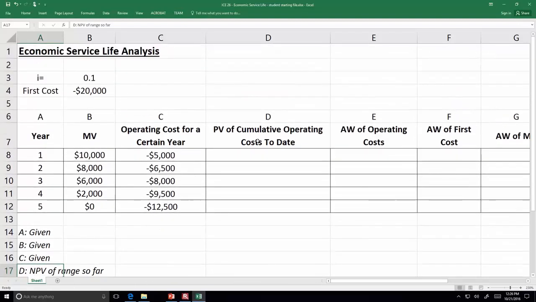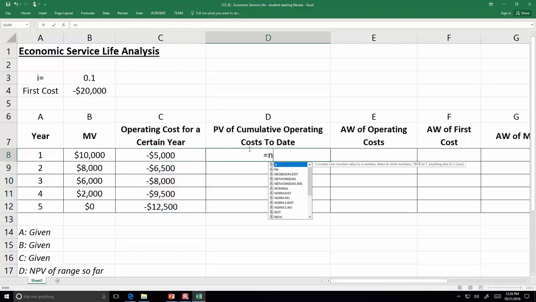So for year one, it's the NPV of this. For year two, it'll be the NPV of these 2 years. And the NPV function works perfectly for us because these are already not in the future. This is in year one, this is in year two, and so on. None of these amounts are in year zero for the operating costs.